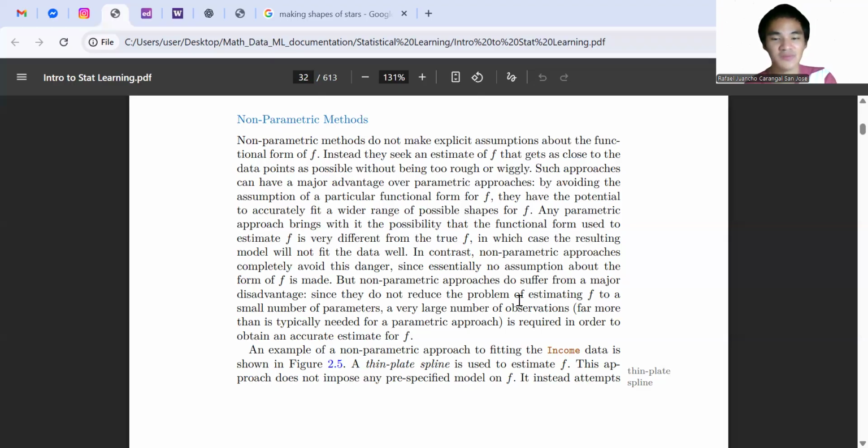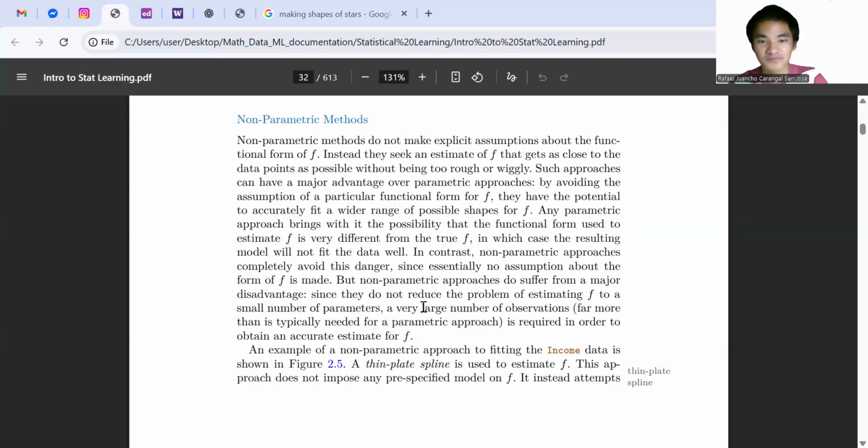So we don't estimate f based on some small number of parameters, but a very large number of observations, far more than is typically needed for a parametric approach, is required in order to obtain an accurate estimate for f.